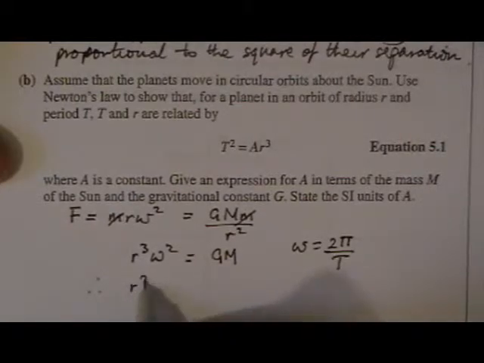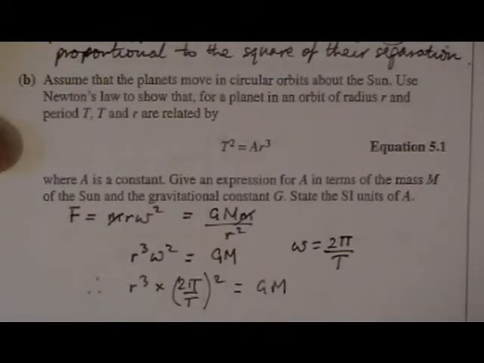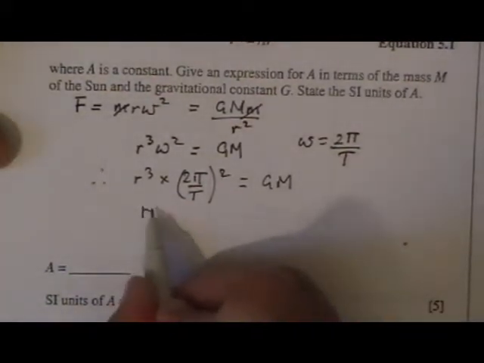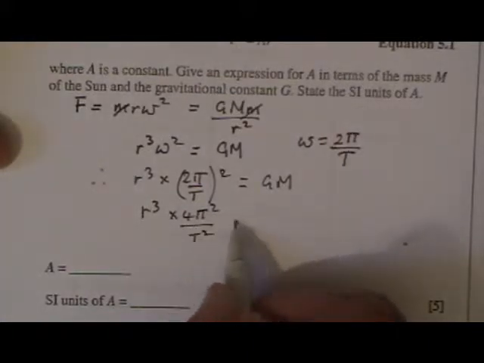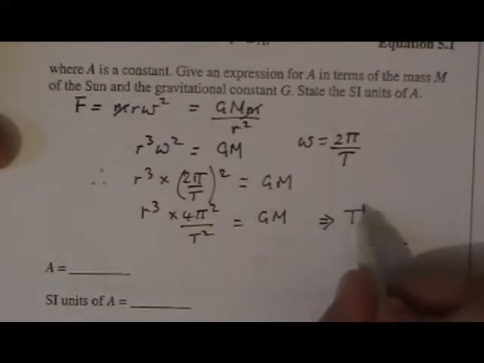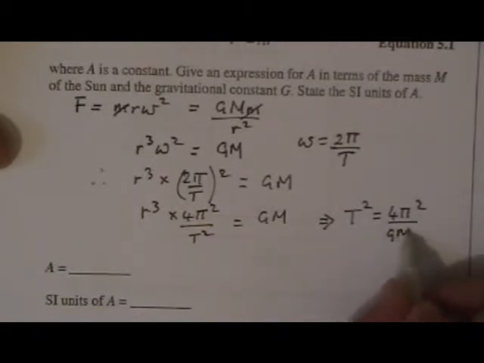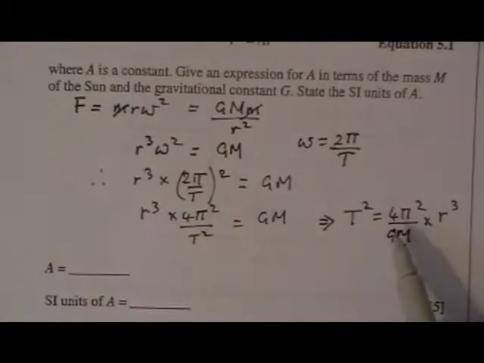Therefore r cubed times 2 pi over t all squared equals GM. So I now have r cubed times 4 pi squared over t squared equal to GM, which if I rearrange gives me t squared is equal to 4 pi squared over GM times r cubed. 4 is a constant, pi is a constant, G is a constant, and M, the mass of the Sun, is a constant.